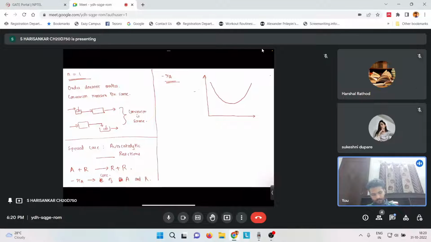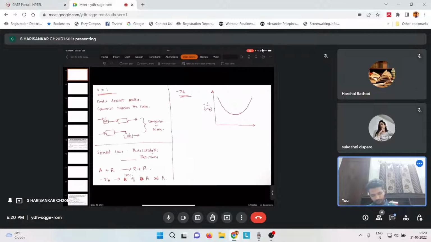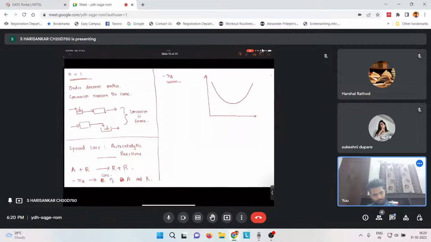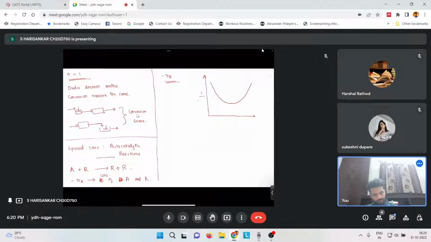The graph is between minus 1 by Ra and Ca. So the plot is between the inverse of the rate of reaction and the concentration of A.